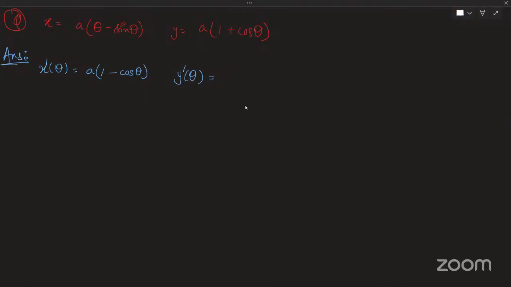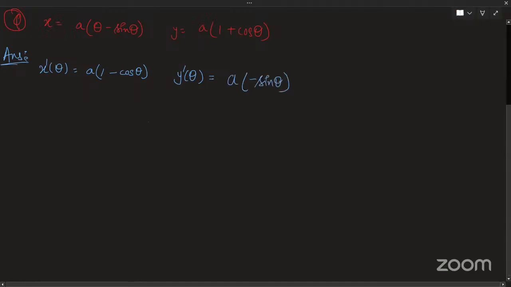Anyone else? Shriram? So it could be a into minus sine theta. Yeah, great. A into minus sine theta, because the derivative of 1 is 0, plus minus of sine theta. So minus sine, right?